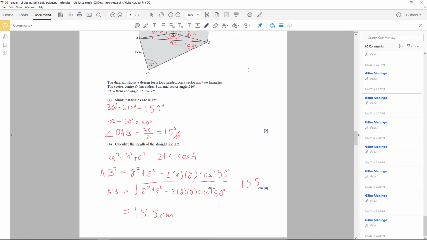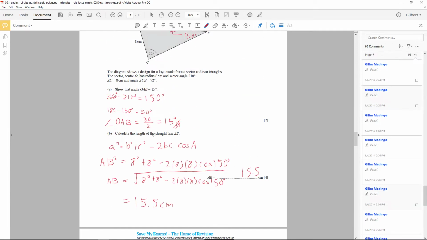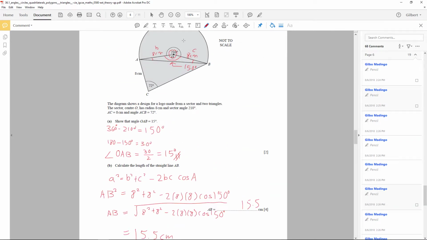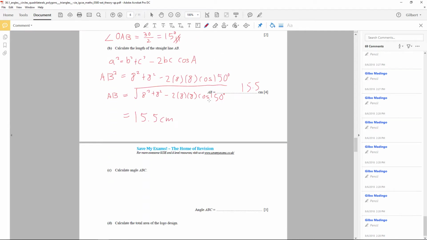Alright, now calculate the angle of ABC. Angle ABC would be this angle here. To calculate this angle, we need to use the sine rule.